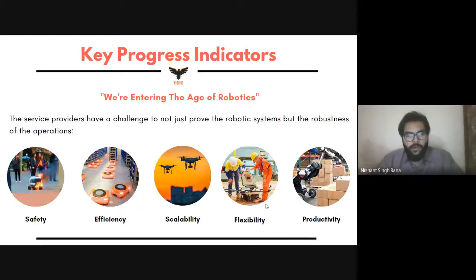And the last part is productivity. When I say productivity, I don't just mean how productive the robot is. I mean how productive the robot-human interaction is. Because your take as an enterprise, as a product manager, as someone leading these robotic developments or implementations, is not going to be focused on how amazing a single robot is.